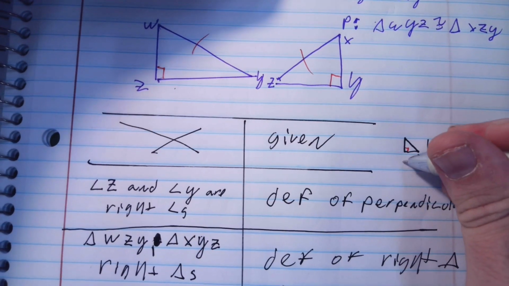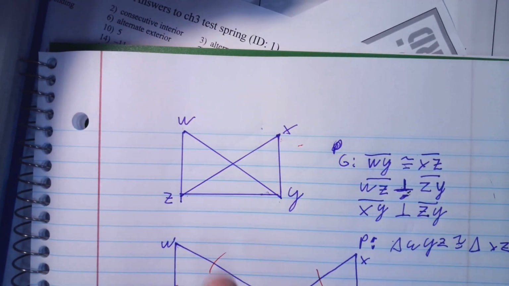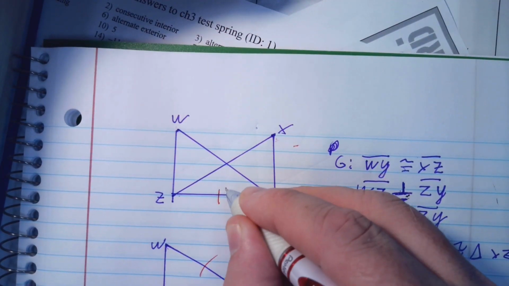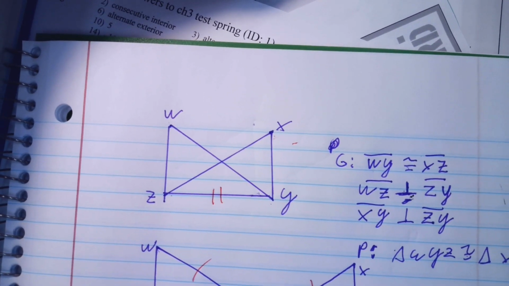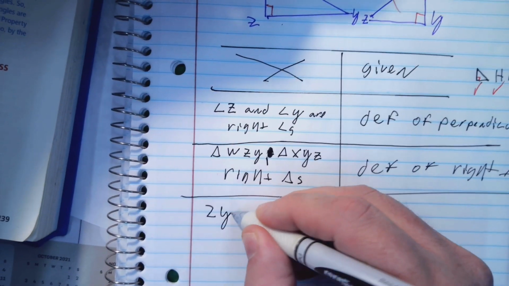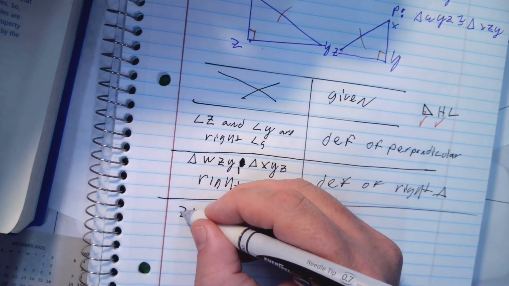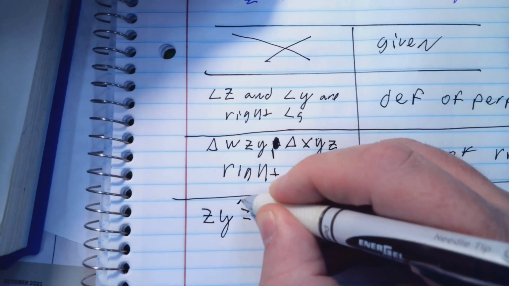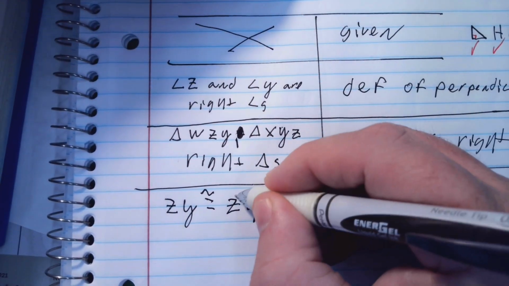So plan-wise, I got the right triangle, I got the hypotenuse, and I'm going to go back to this original shape, and I'm going to bet that this is equal to this, right? Because of the what? Reflexive again. We see reflexive probably more than anything else because I wrote ZY is congruent to ZY because of reflexive property.